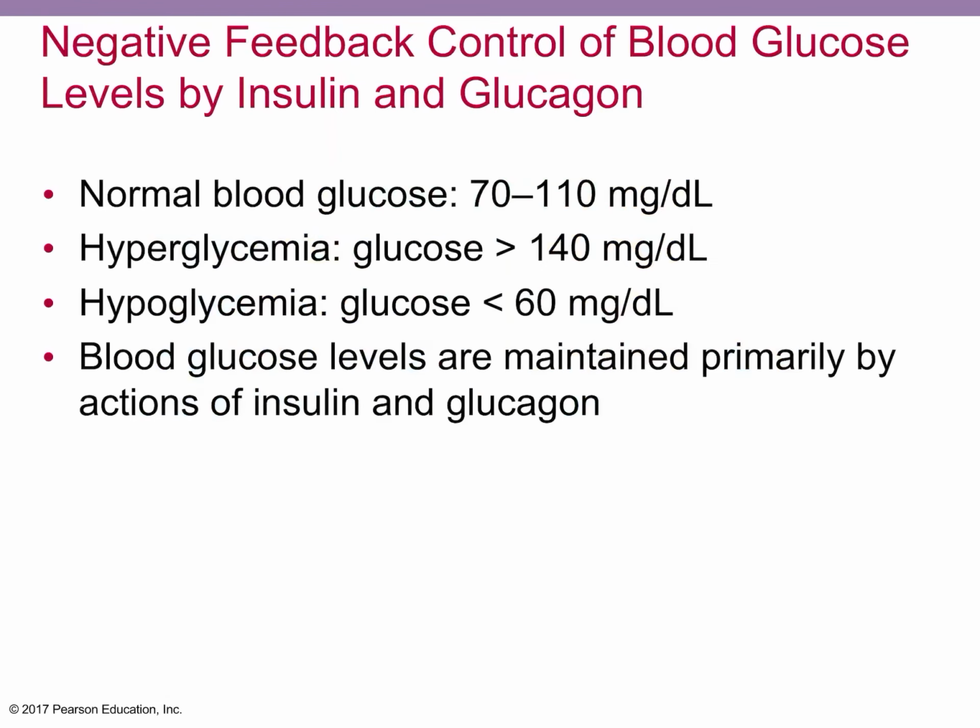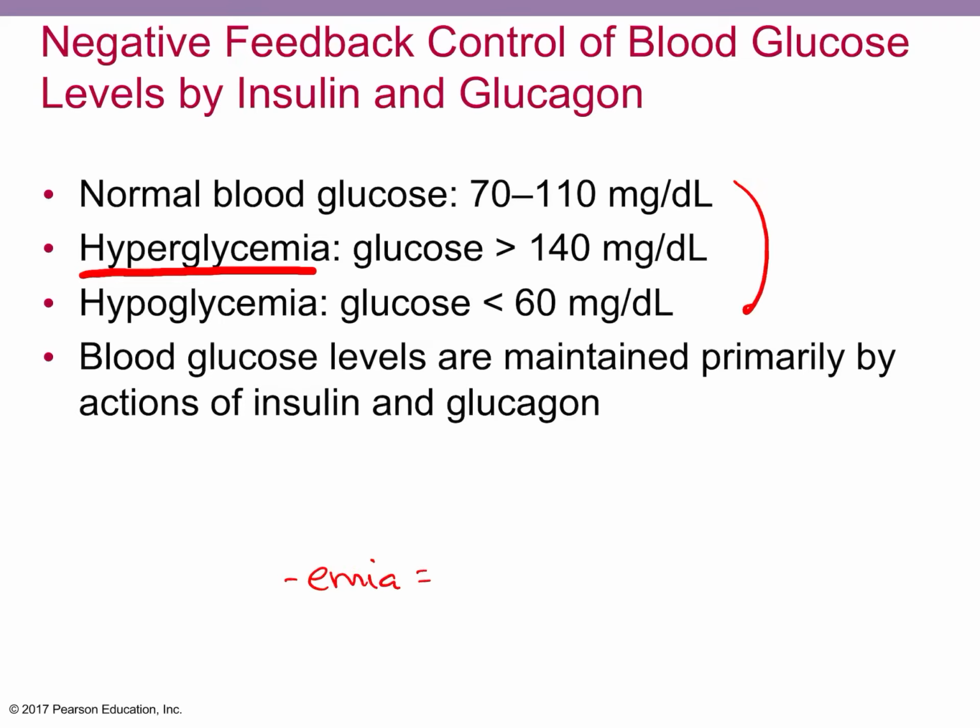So this is just a little bit of the negative feedback control of blood glucose levels by insulin and glucagon. Here's just your normal blood glucose level. Do not concern yourself with memorizing the numbers. I want you to know the terms, though, right? So hyperglycemia is a high glucose content in the blood.